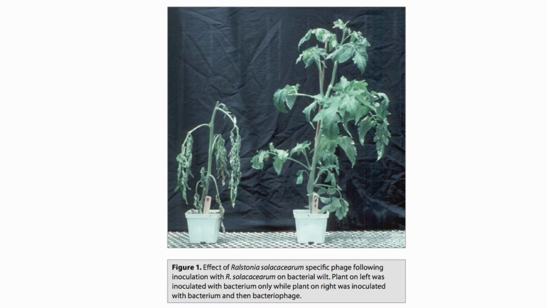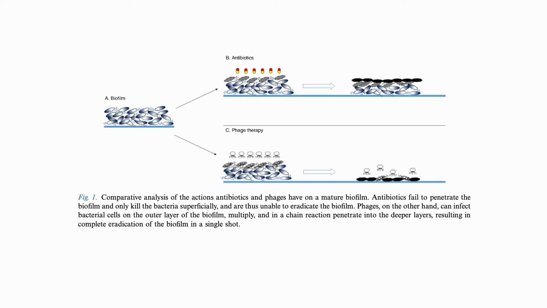Now this can also be used in the context of oral biofilms, as the next slide will show you. So this is a diagrammatic representation of an oral biofilm, like dental plaque. And in B, antibiotics have been applied, but they don't penetrate biofilms very well.